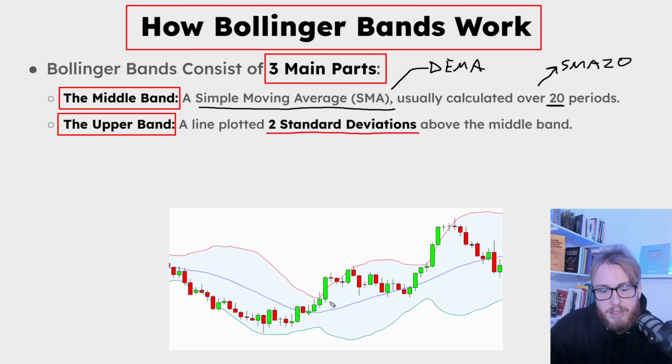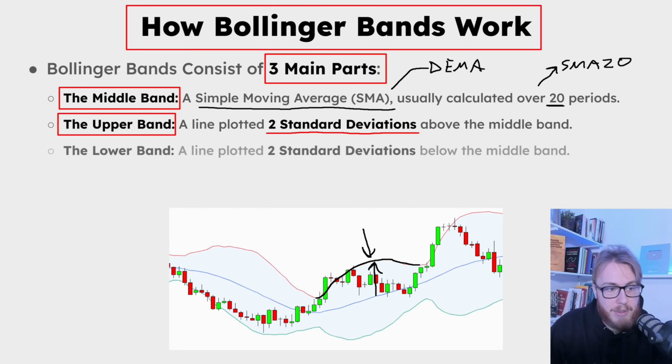But for now, what you can see here is that the upper band, which is the red line right here, is always plotted above the middle band. And the length between the middle and the blue line is determined by something called standard deviations. As I said, I will talk about that very soon.